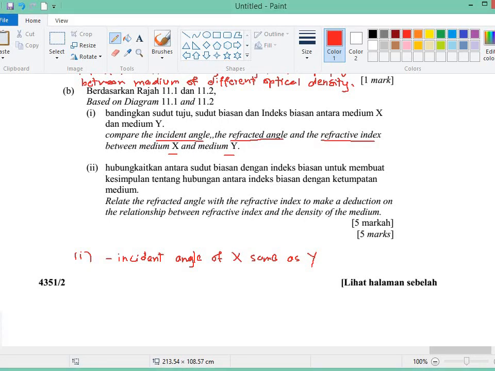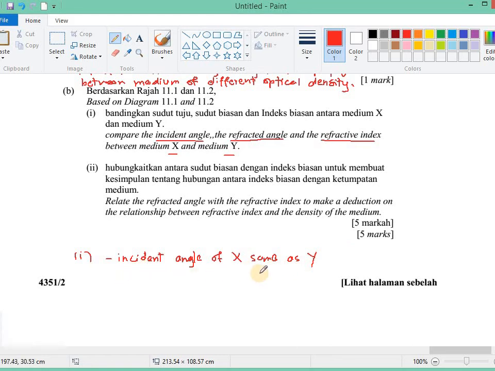I think it's inside the recording now, because the recording is separate from the Google Meet. The recording is one program and the Google Meet is in another program. So I think it will be inside the recording. Okay, so continue.